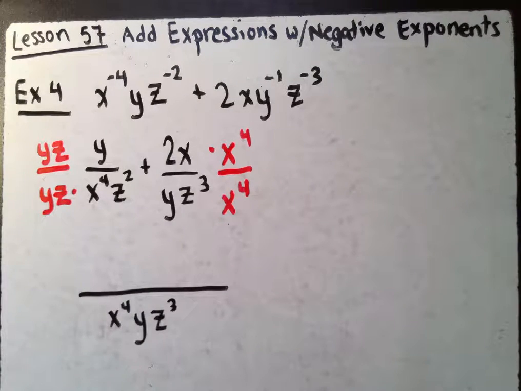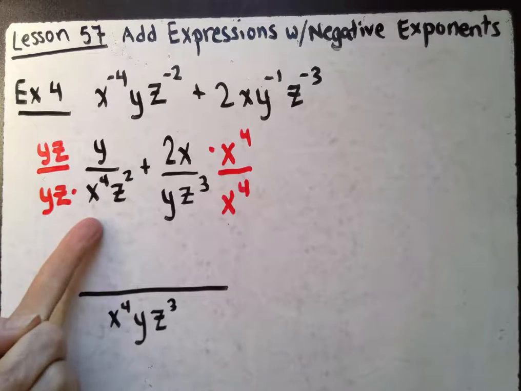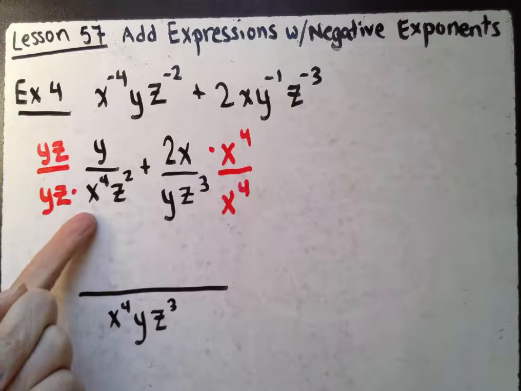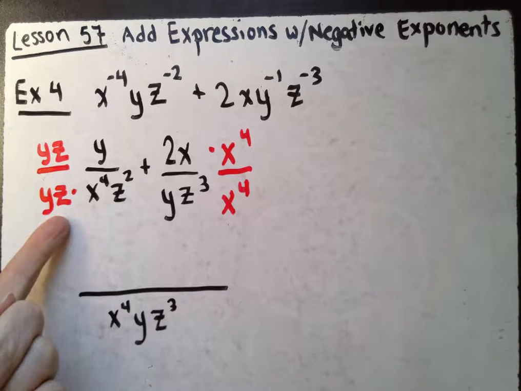So checking the example 4, this one is a little bit tricky because the least common multiple of these two denominators is actually x to the fourth y z cubed. And so for this first one, in order to get that denominator, I would have to multiply it by y and just by 1z.